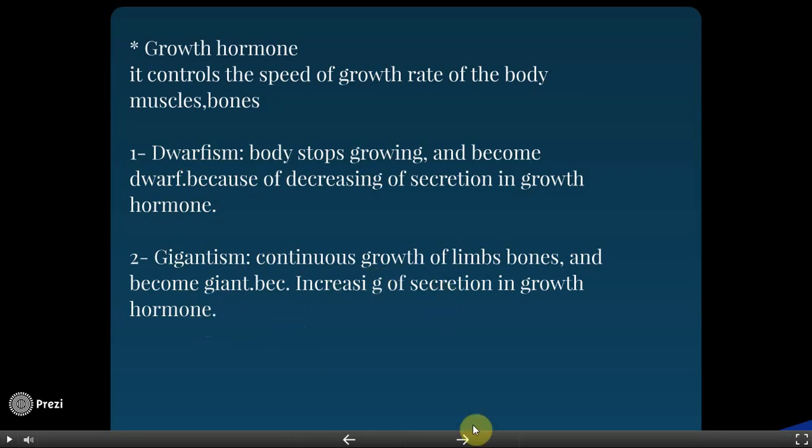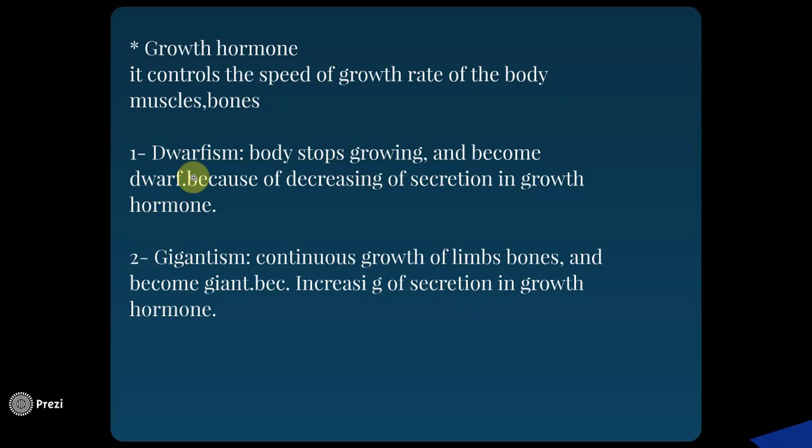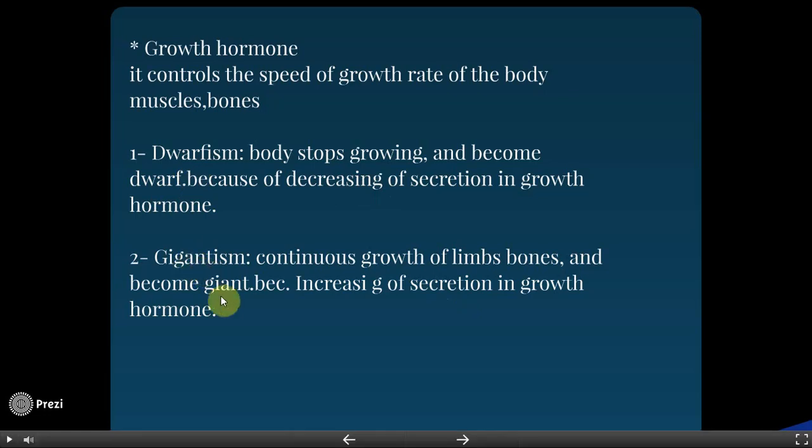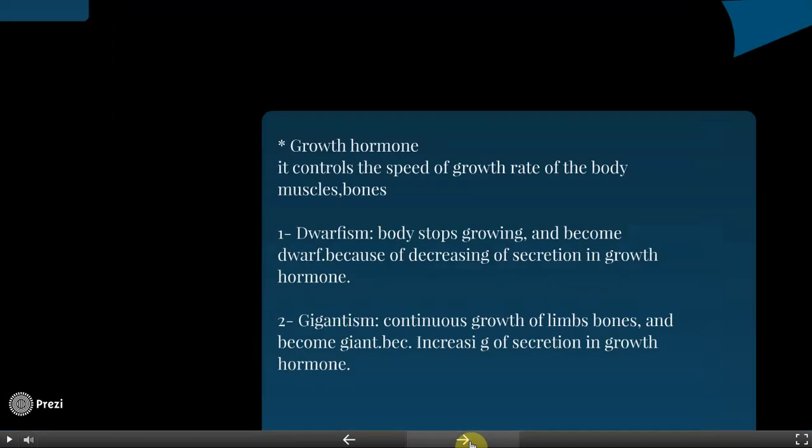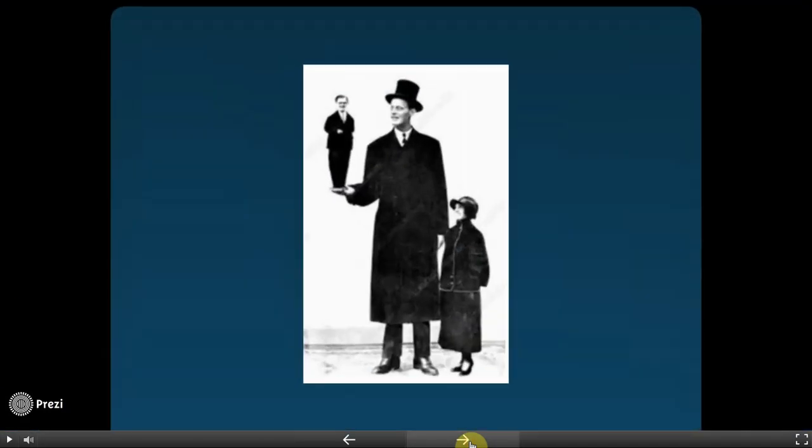The feature of this disorder for dwarfism is that the body stops growing, so the person becomes a dwarf, while the feature for gigantism is continuous growth in the limbs and bones, so the person becomes a giant. And here is a photo that illustrates gigantism and dwarfism. There is a big difference between them, and both of these diseases are related to the growth hormone.